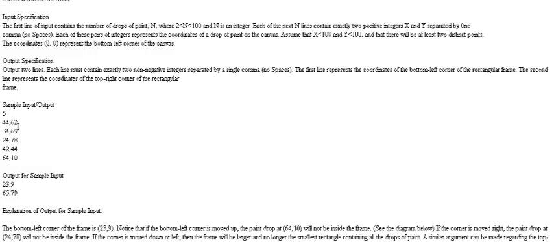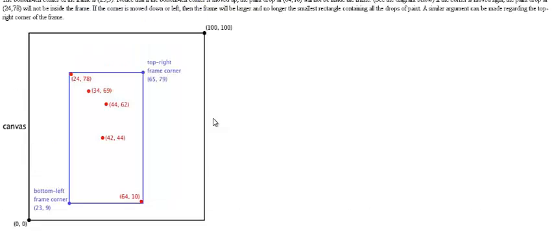Our app has to find the coordinates of a rectangle which is going to cover all these points. For instance, the diagram which is going to cover all these points is shown here.